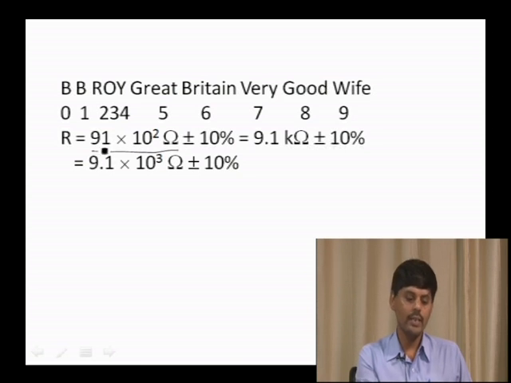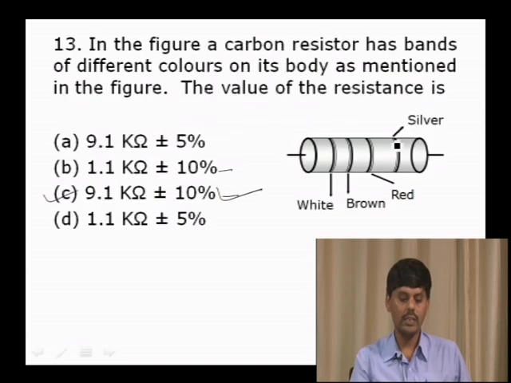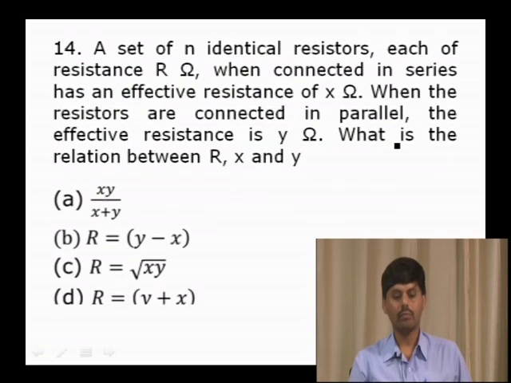So, this is white, this is brown and the value of 2 is red, over, plus or minus silver, that is 10%. If you want to shift the value by placing a decimal point, it becomes 10 power 3. Therefore, 9.1 into 10 power 3 is nothing but 9.1 kilo ohm plus or minus 10%. This is the correct answer. Therefore, C is the correct answer.